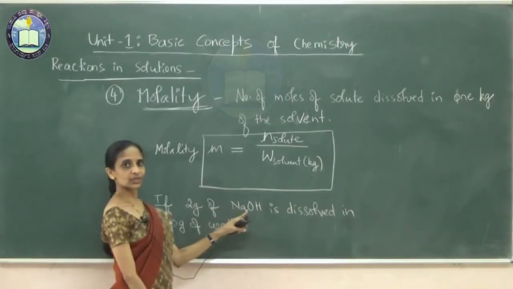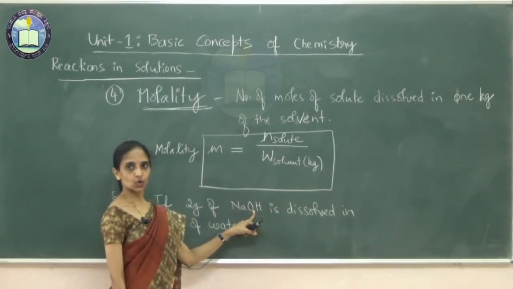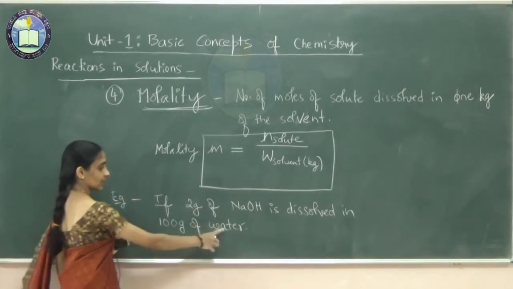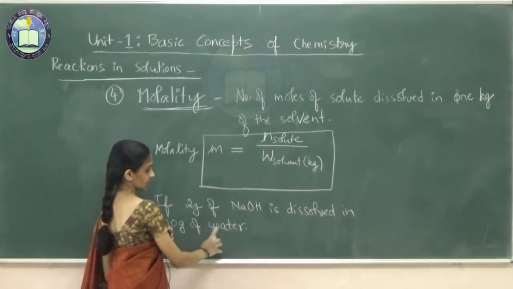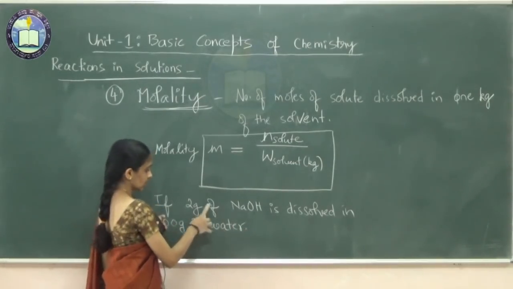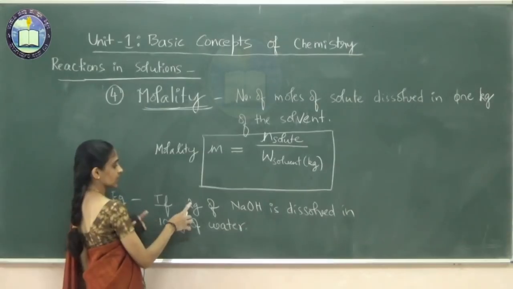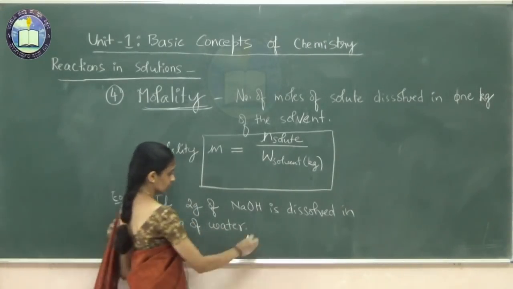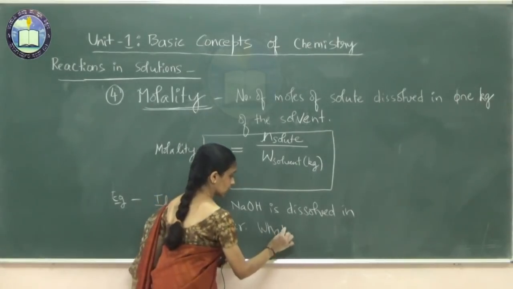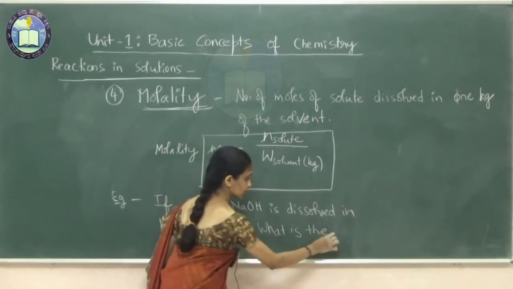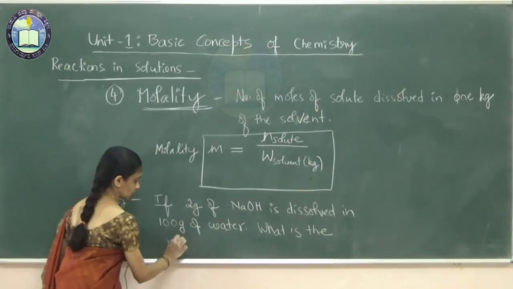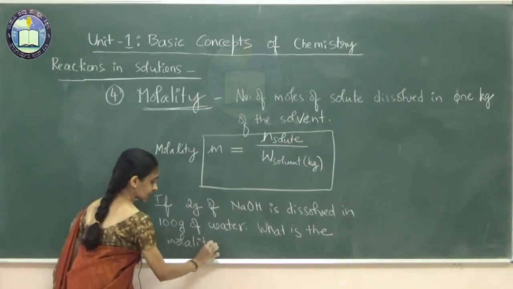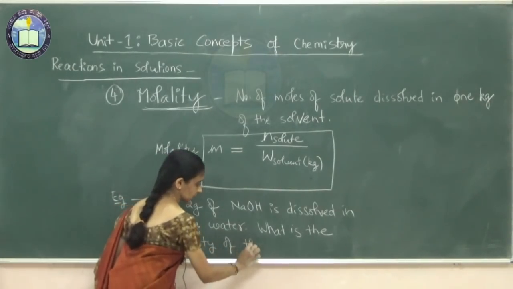Which is my solute? It is NaOH. And which is my solvent? It is water. Sodium hydroxide is 2 gram, water is 100 gram. What is the molality of the solution? I need to find out the molality of the solution.